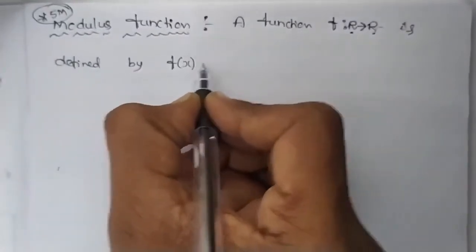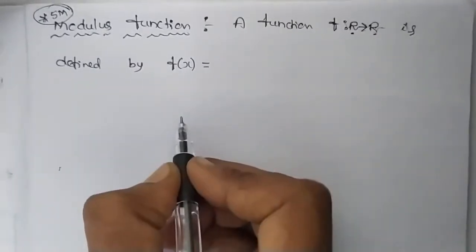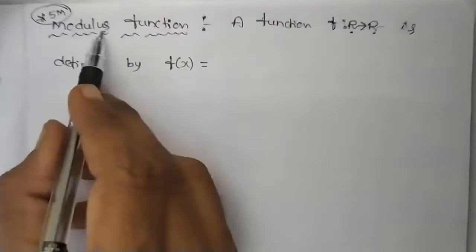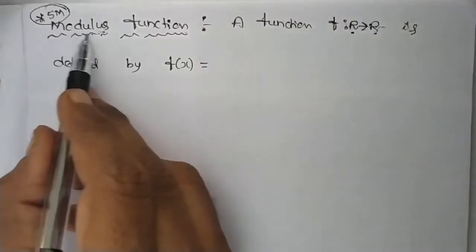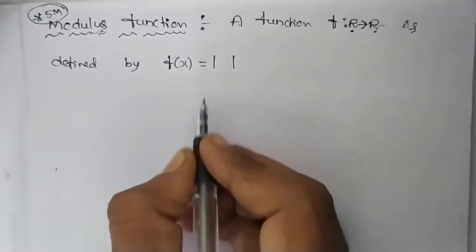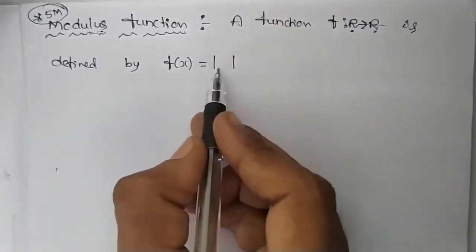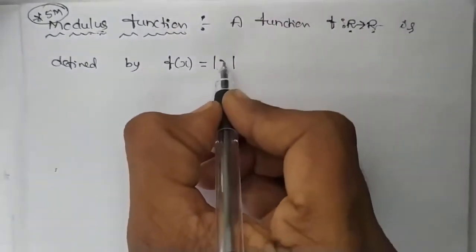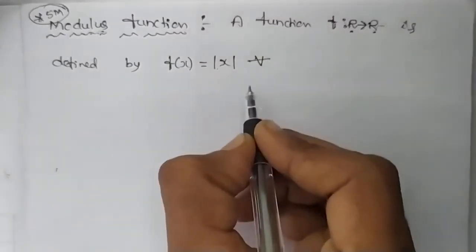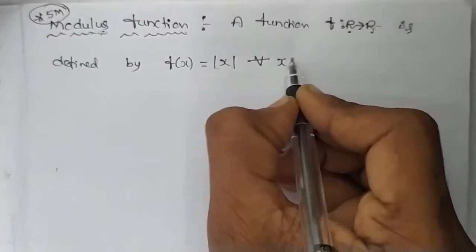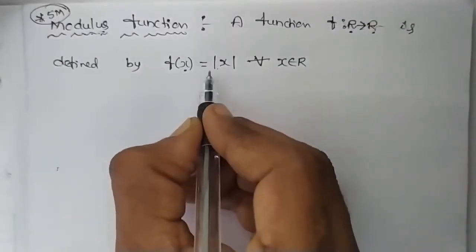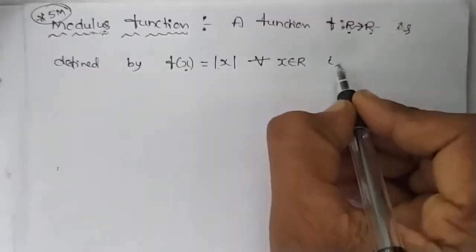f of x equals to, you just think how we are going to define this modulus function. What is the symbol for modulus? This represents a modulus. It is defined by f of x equals modulus of x, for all x belongs to R, where x must be a real number, and is called a modulus function.